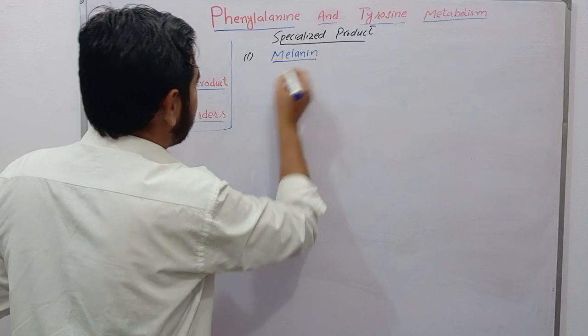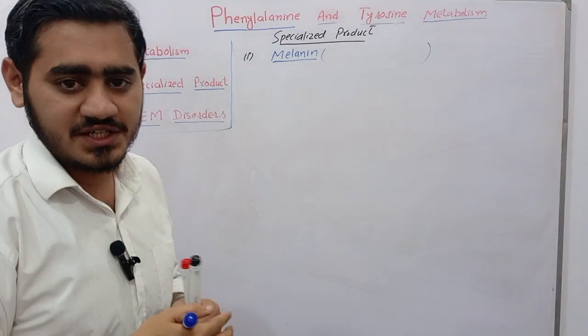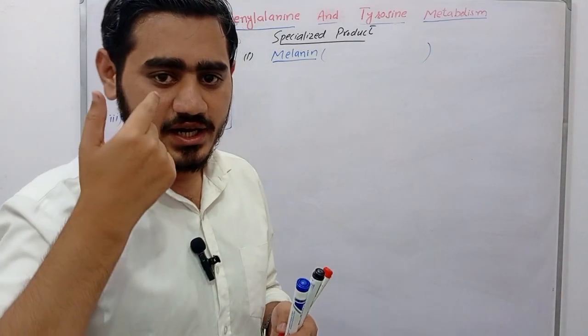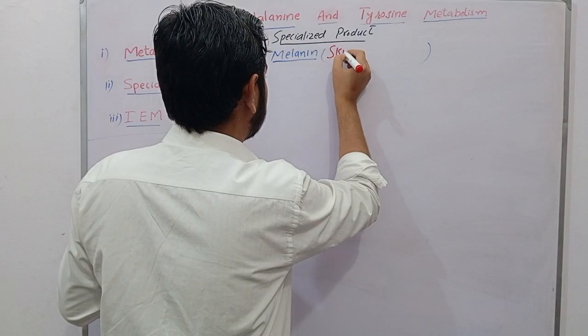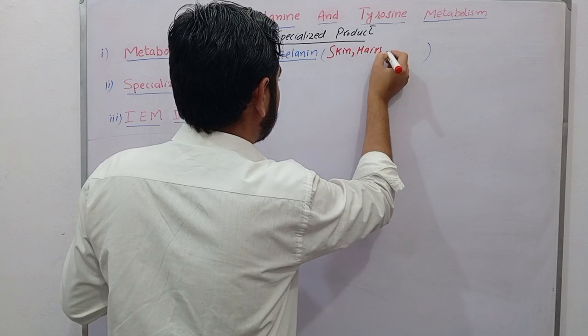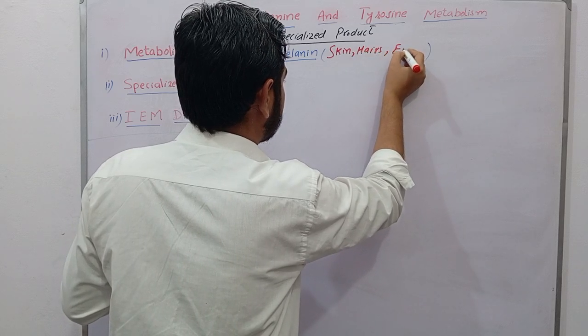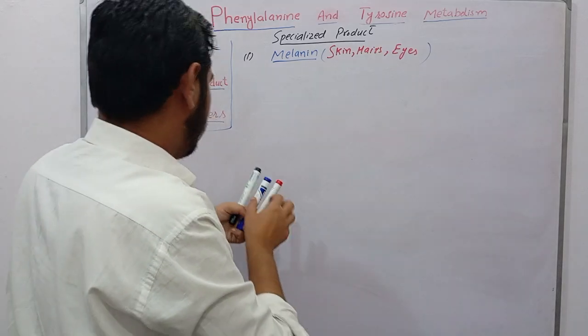Melanin is a pigment which is present in our skin, hairs and eyes. And how there is a formation of melanin, let's see.